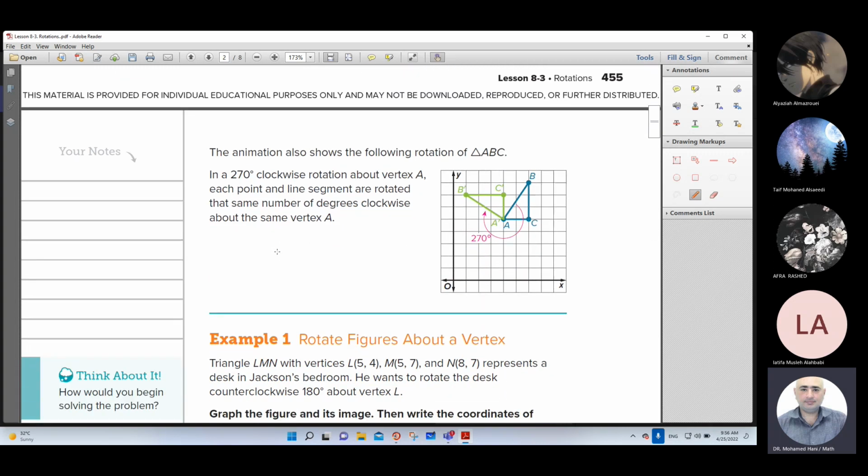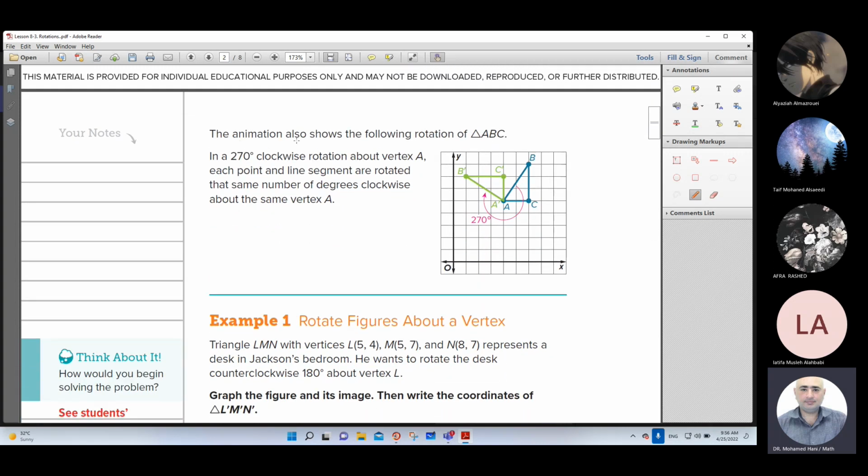In this example here, the animation also shows the following rotation of triangle ABC in a 270-degree clockwise rotation about vertex A. Each point and line segment are rotated that same number of degrees clockwise about the same vertex A. As you see, this is the pre-image ABC, and this is the center of the rotation.